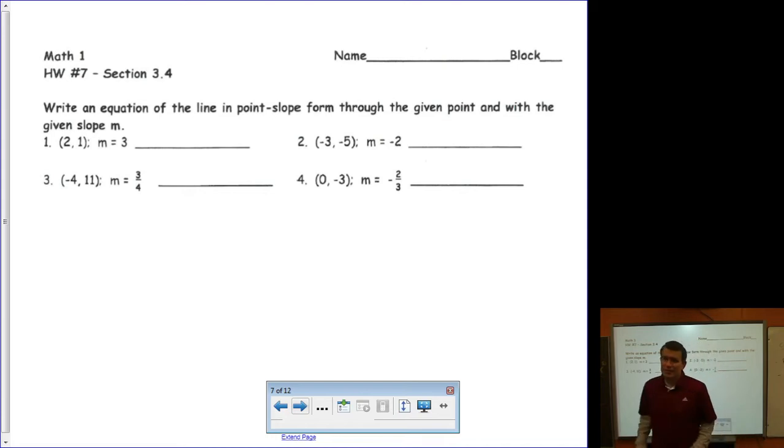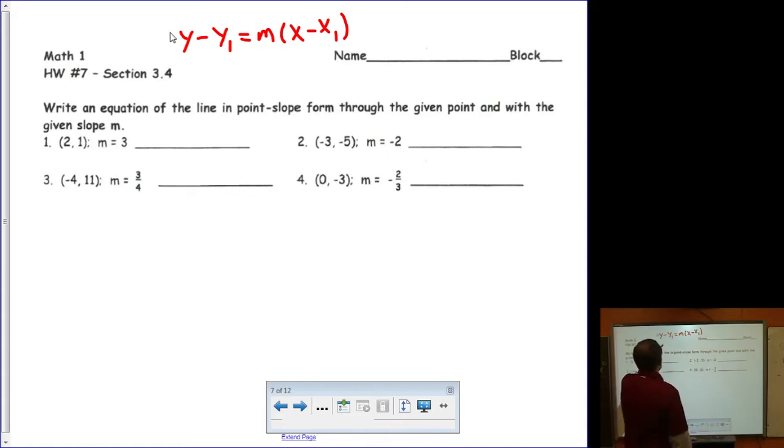Okay, so these first 4 problems, we are just trying to write an equation for a line in point-slope form. We're going to use the formula y minus y1 equals the slope times x minus x1.